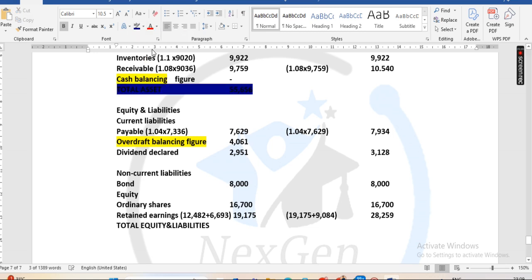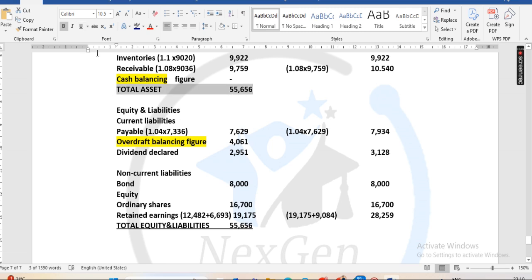So we come back to this side. The total asset is 55656 because we have included that figure there. Class, are we still together, please? Yes, sir. Okay, that's fine.